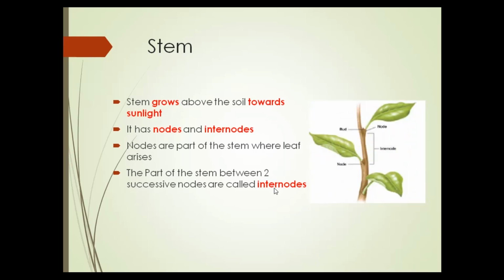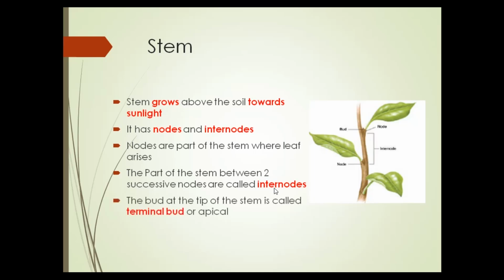Now look at the picture. The distance between two immediate leaves, that is what I call successive, is called the internode. The distance between these two nodes from where the leaves arise is referred to as the internode. The point on the stem where the leaf arises is called a node.